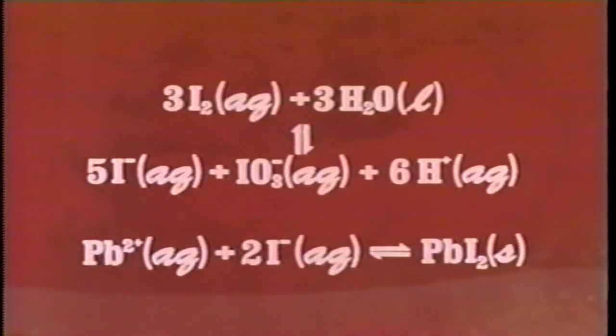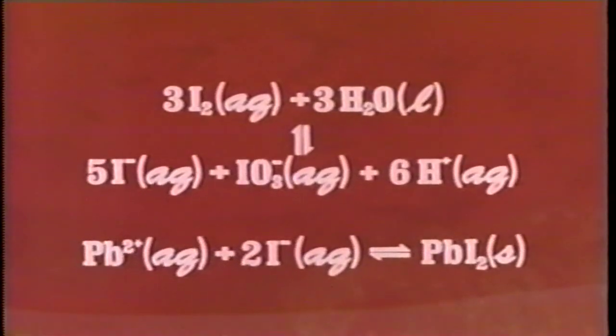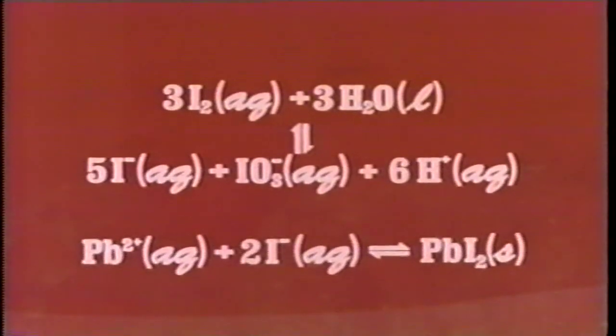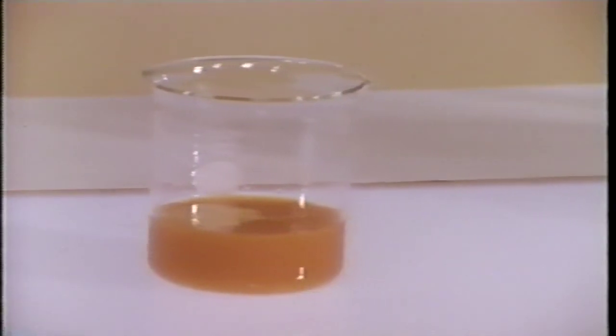Now, our radioactive iodine will show whether this chemical equilibrium is also dynamic. If any radioactive I2 molecules have changed into radioactive iodide ions, then some radioactive iodides must be present in the solid lead iodide. The precipitate should be radioactive. Let's see if it is.